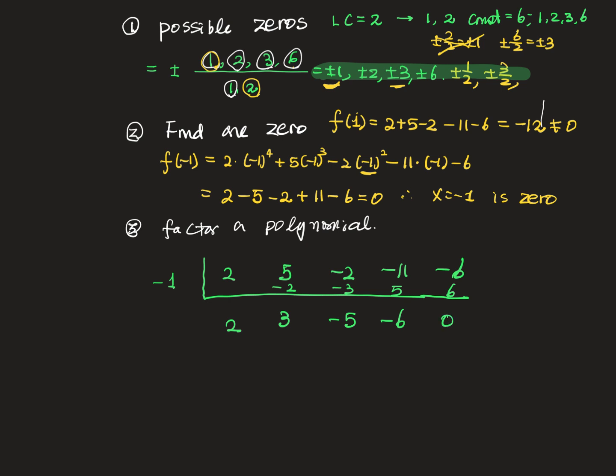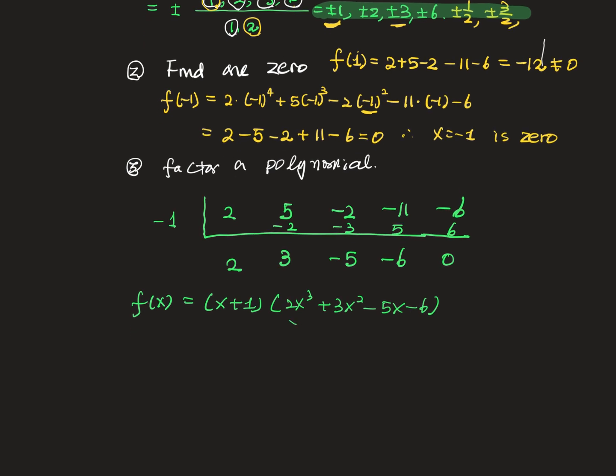That's going to be 0. So you have f of x, very careful, x plus 1 is a factor. So 2x cubed plus 3x squared minus 5x minus 6. Oh, we have to do this one, guys.